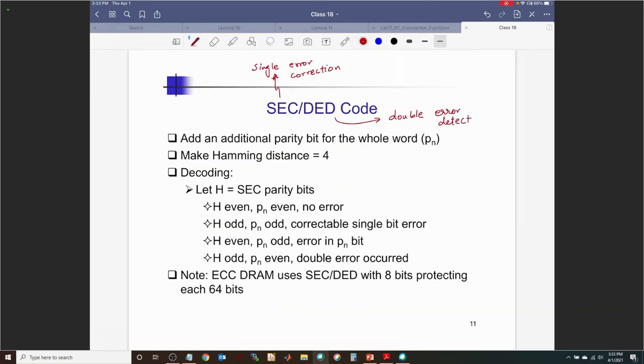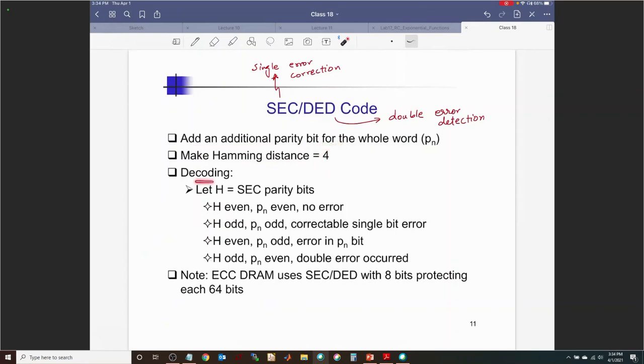Of course, if you want that, then you obviously need more parity bits, and that's what we are doing. We are adding an additional parity bit for the entire code word, and we are calling that Pn, P sub n. Our minimum Hamming distance between any two code words is going to go from 3 to now 4.